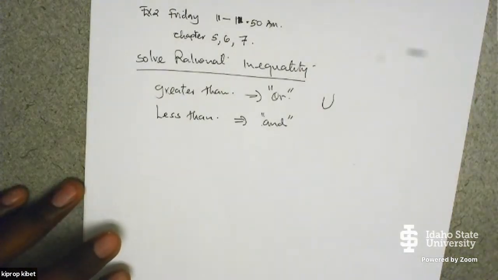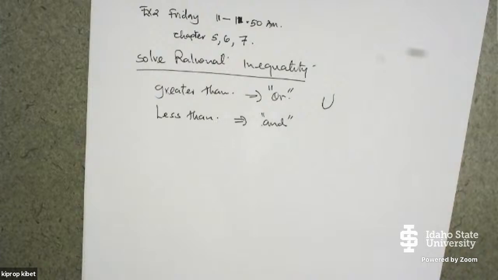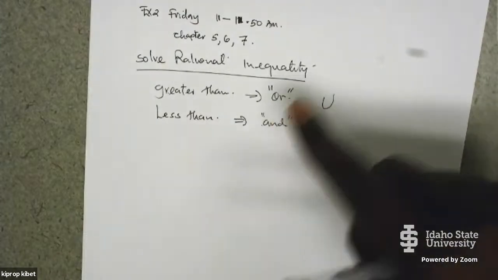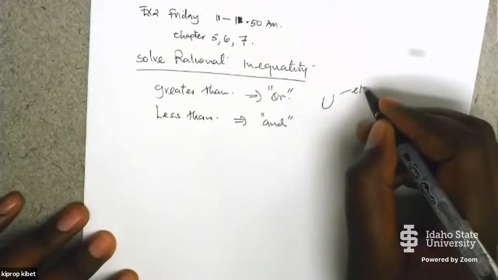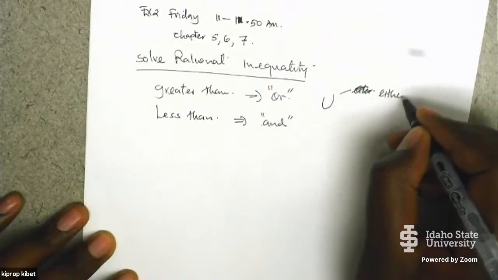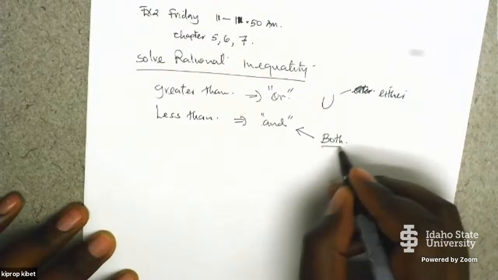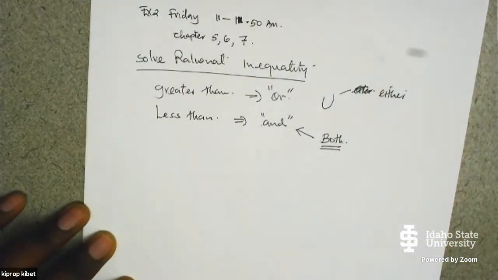So mostly if it is less than, we only have one interval, there is no connection, because it should satisfy both the inequalities. For greater than it is either one, and for this one it should satisfy both the inequalities.